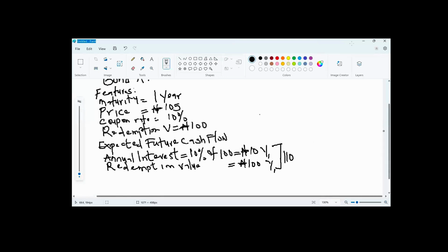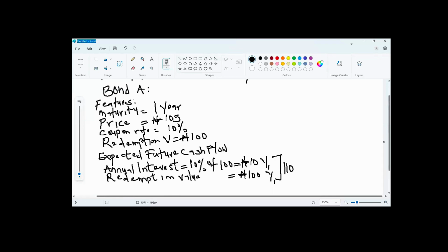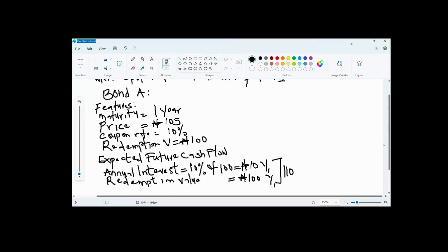To calculate this, we can take this approach. Present value is equal to future value divided by 1 plus r raised to power n.